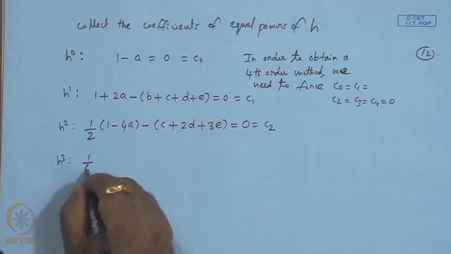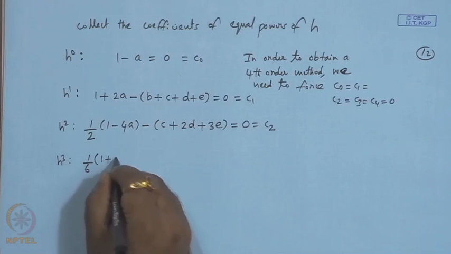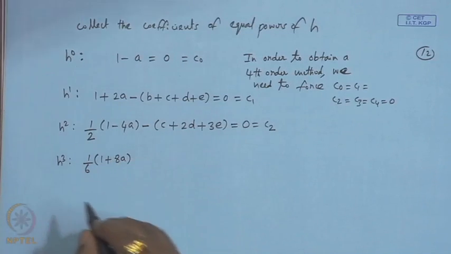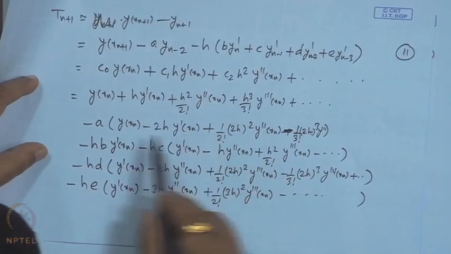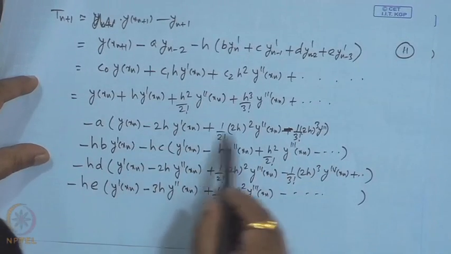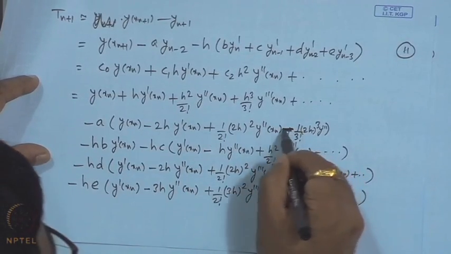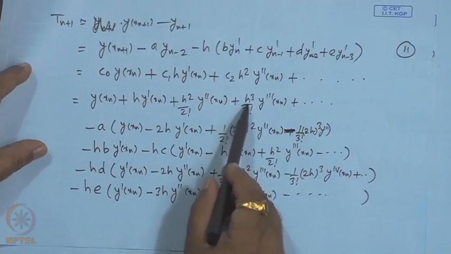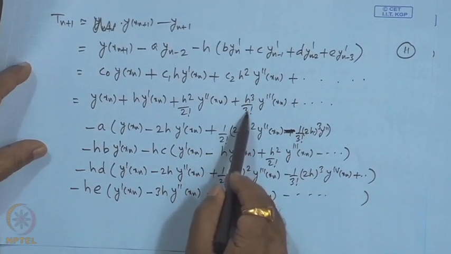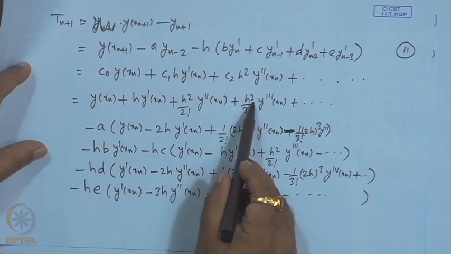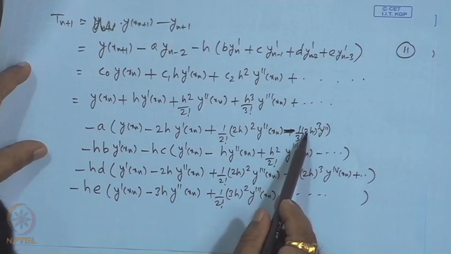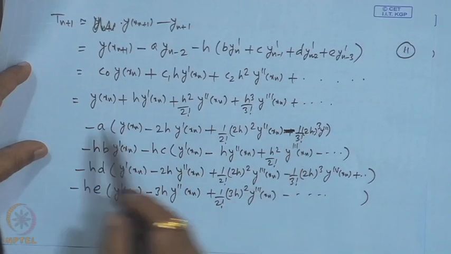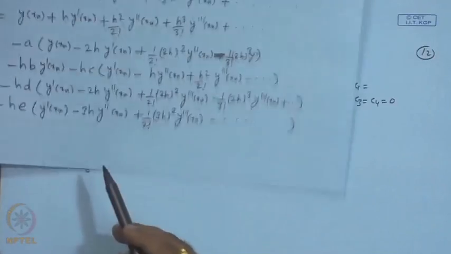So, 1 over 6 (1 plus 8 A), because, see, it is alternating, right, minus, plus and minus. So, this must be minus. Okay. So, 1 over 3 factorial, that is 1 over 6 if you take common, 1 coefficient there, and here 2 cube is 8 plus 8 A.